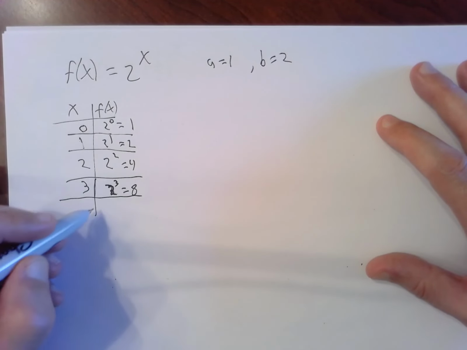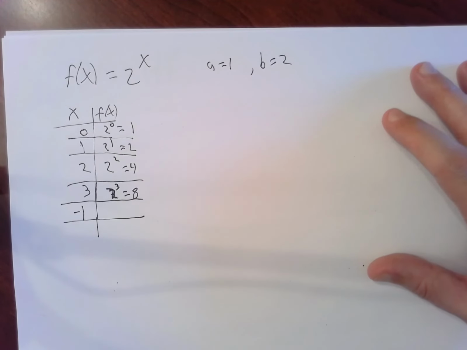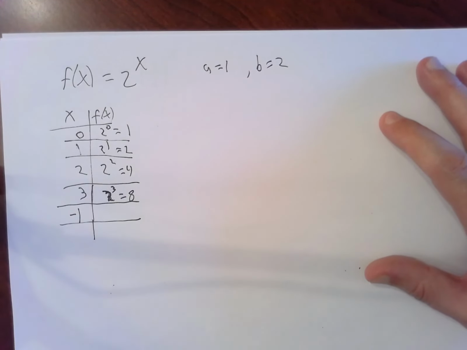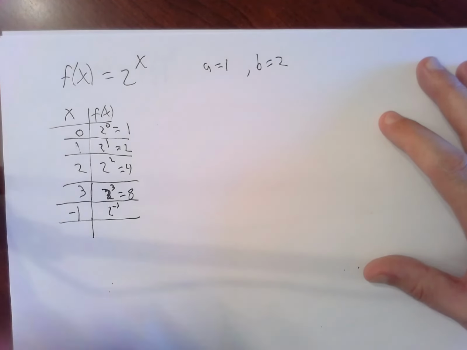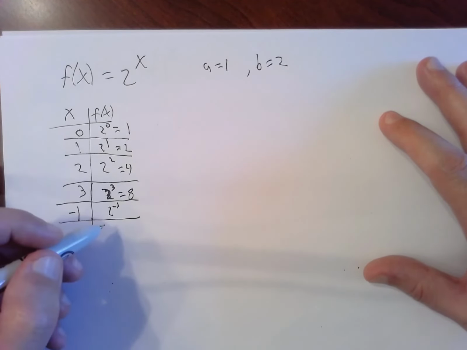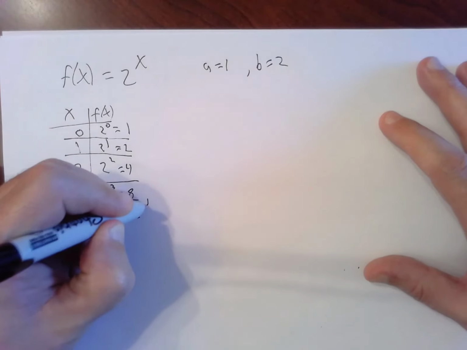Okay, what about some negatives? Let's plug in some negatives. Negative 1. Domain's all real numbers. I can pick any x value I want. 2 to the negative 1 power means, remember what negative exponents mean? Means flip it over, that's 1 over 2.